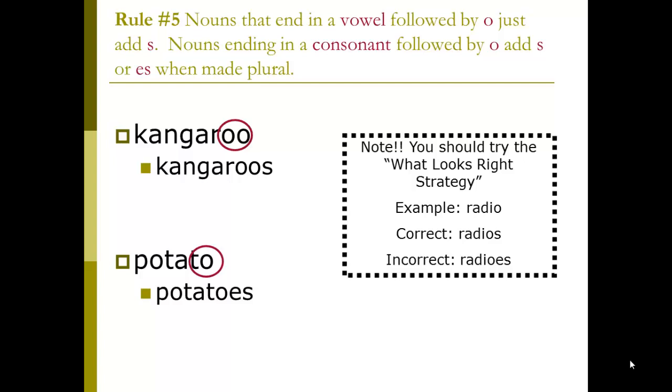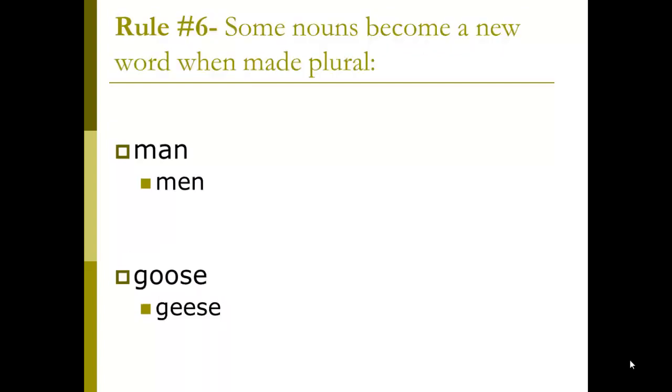If not, you can always check a dictionary or a word processing program like Microsoft Word to check your spelling. So for example, the word kangaroo ends in O. So you just add S because there's a vowel followed by O. The word potato ends in a consonant and O. This one we're going to add ES to make plural.